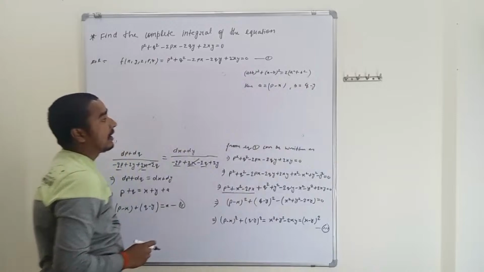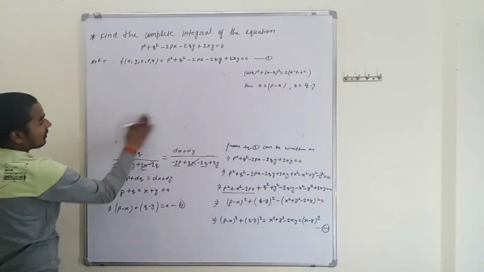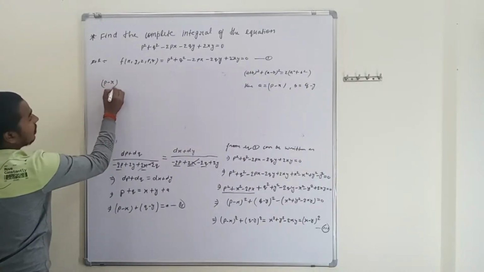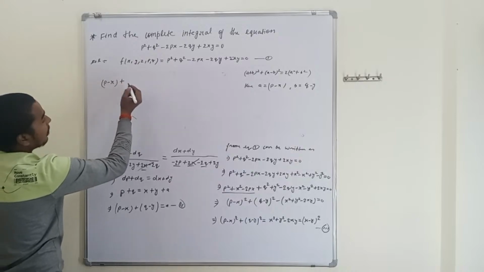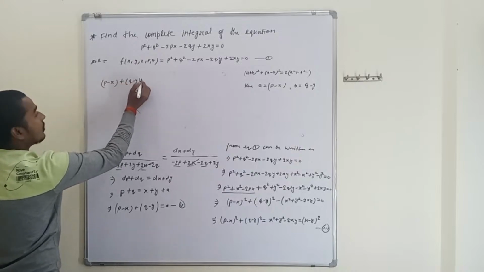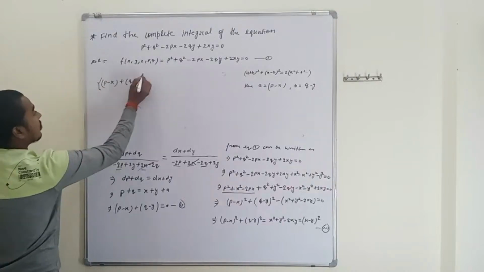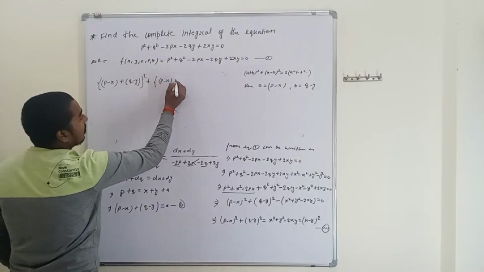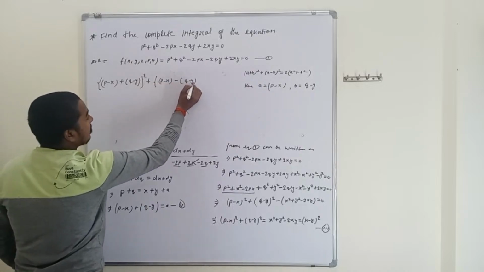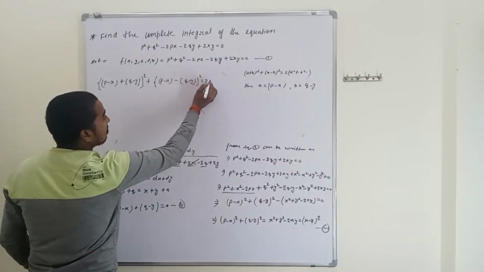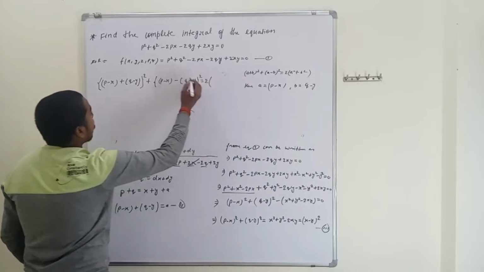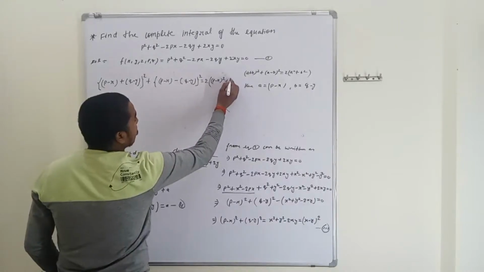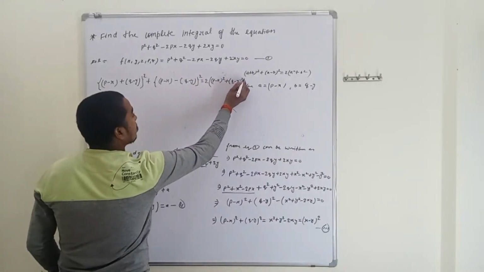Let's suppose and expand in the following form of the identity, that is p minus x plus q minus y whole square plus p minus x minus q minus y whole square is equal to 2 times p minus x whole square plus q minus y whole square.